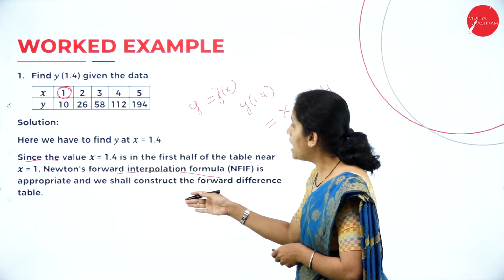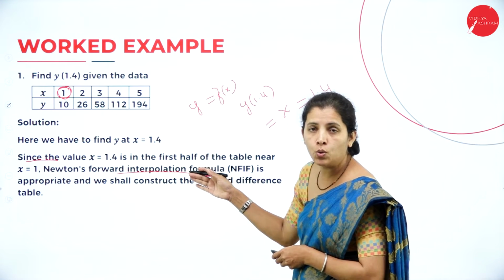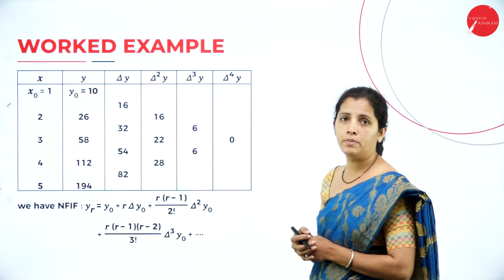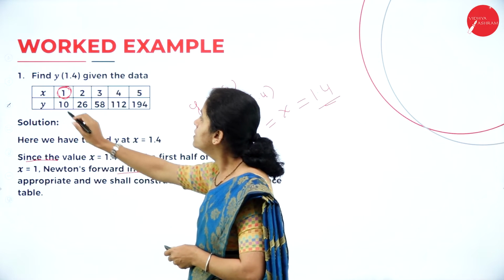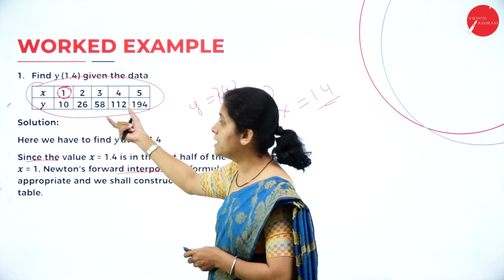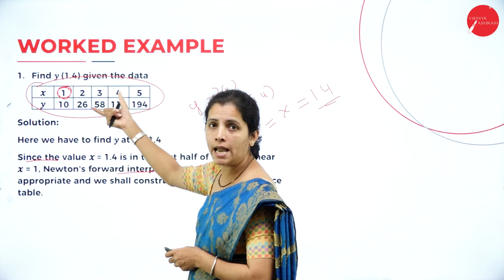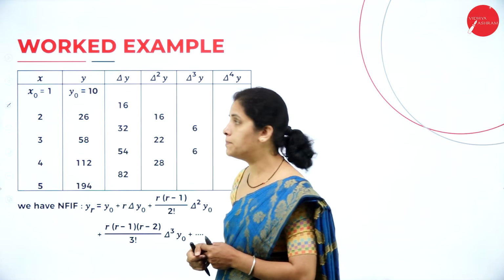So to apply the forward interpolation formula, what do I want to do? I want to construct the table. So dear student, from the previous data, that is from the previous table, this is my actual table. From this, once again, I'm going to construct the table.